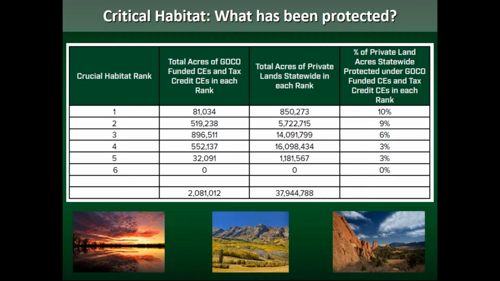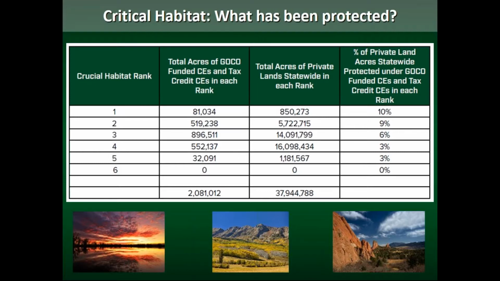So what we were interested in is whether or not the program had actually targeted areas of high critical habitat. In the first column you have the habitat rank from 1 to 6 in declining order. Then in the second column we have the total number of acres that have been protected of those ranks, summing to 2 million.